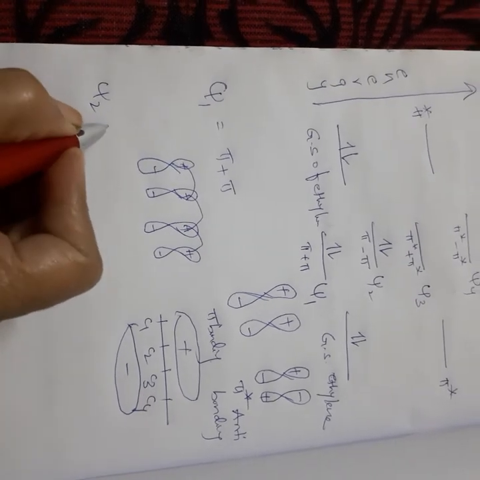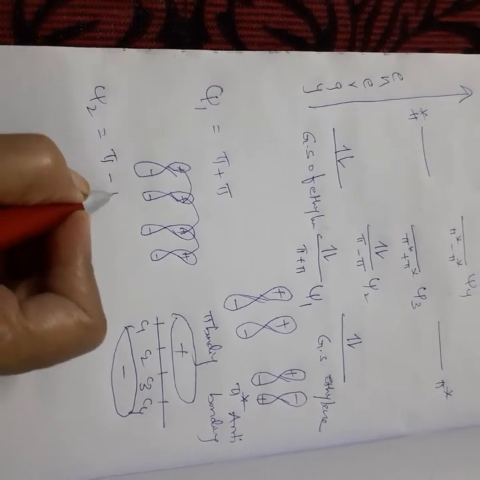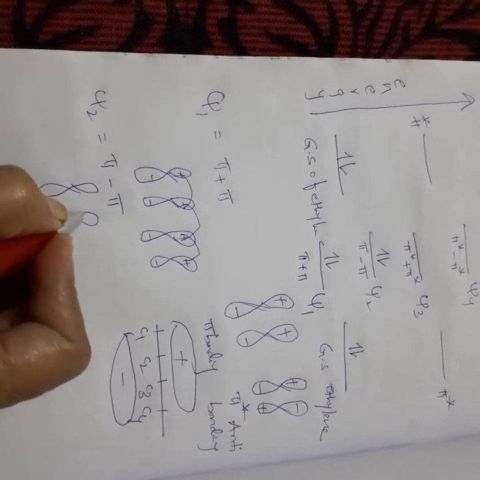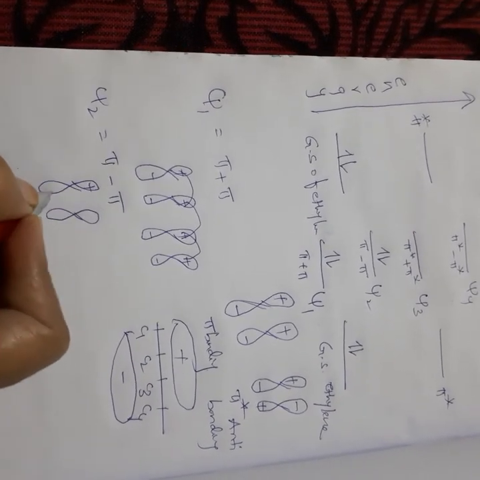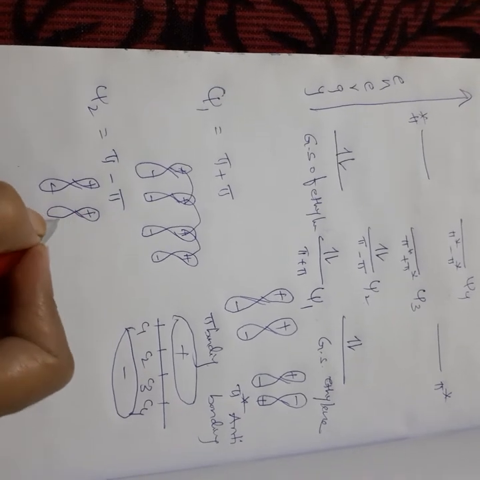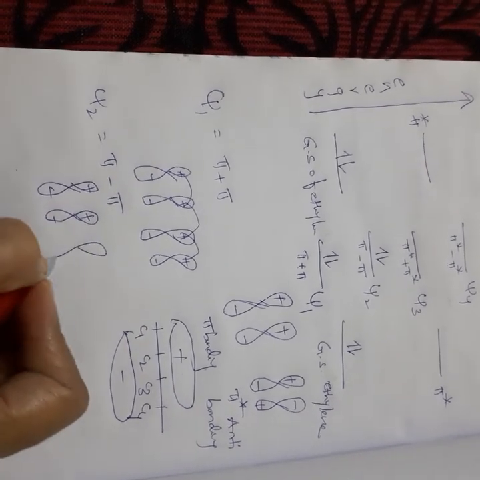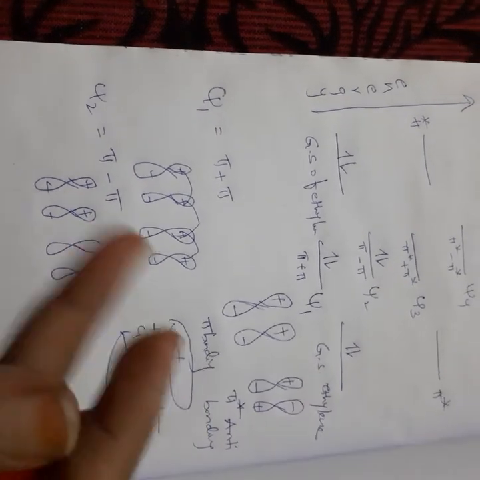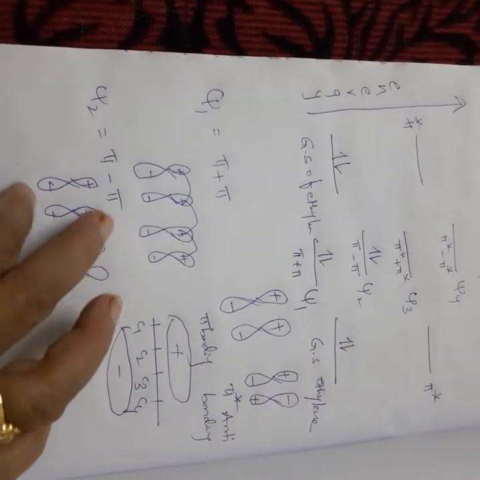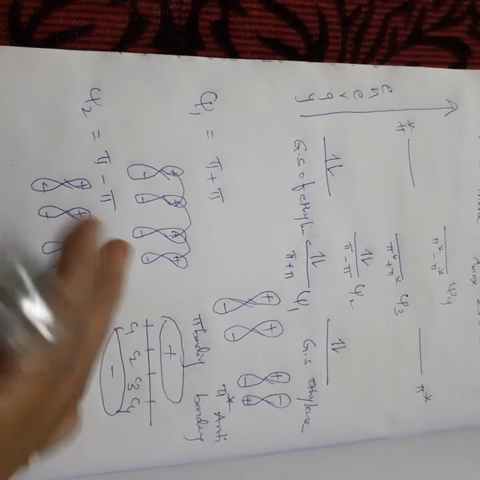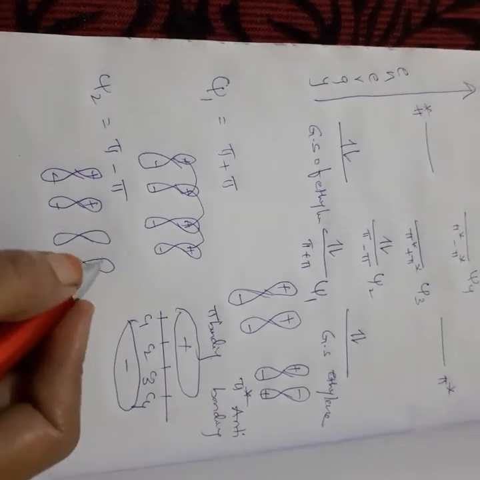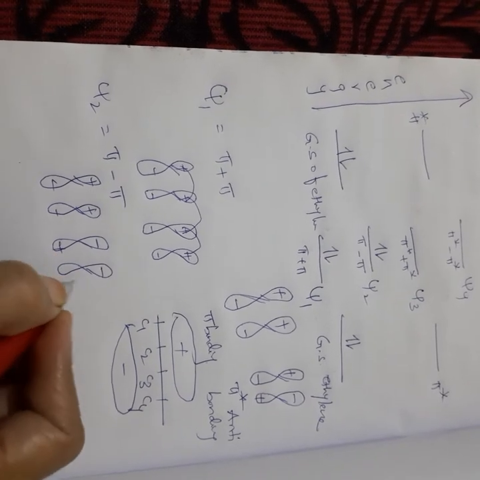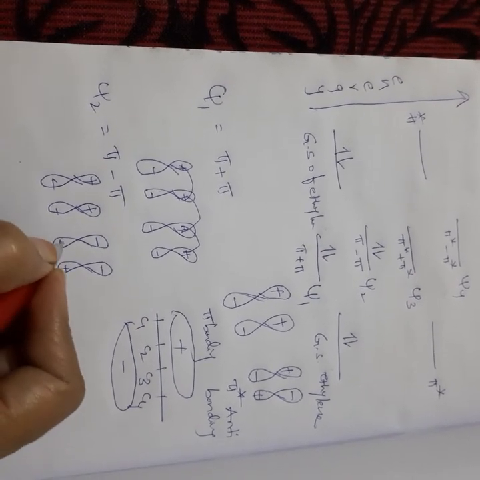Next one is psi 2, that is pi minus pi. First I will write pi, that is plus, minus, plus, minus. What about this minus pi? Minus pi means you need to change the symbols, you need to reverse them. So it becomes minus, plus, minus, plus.